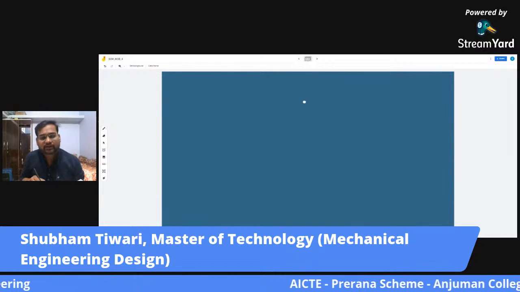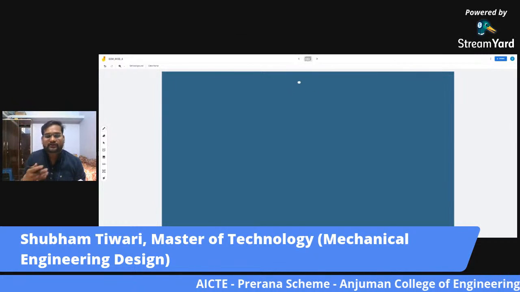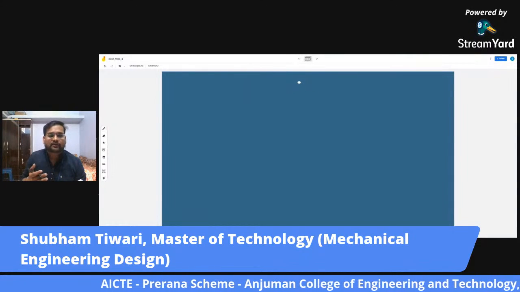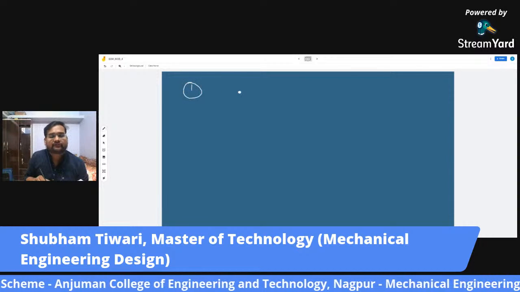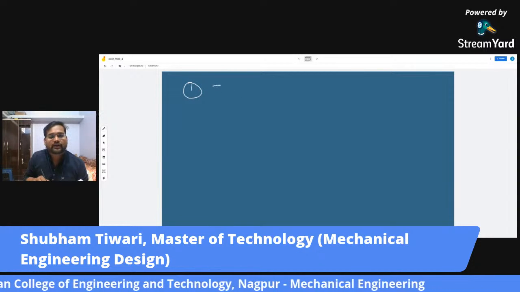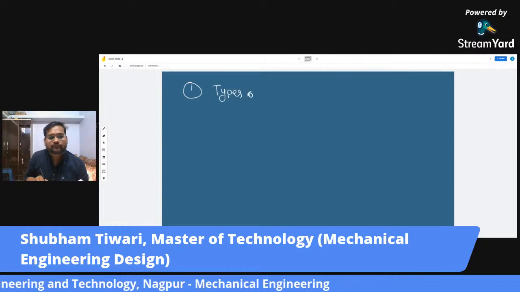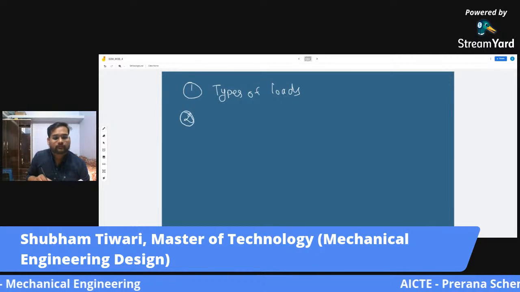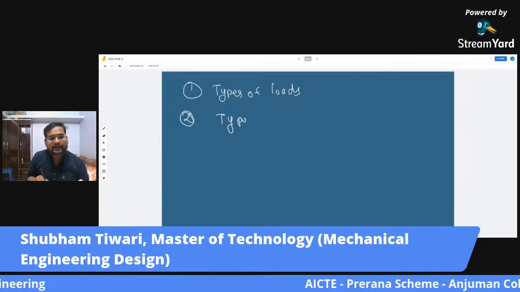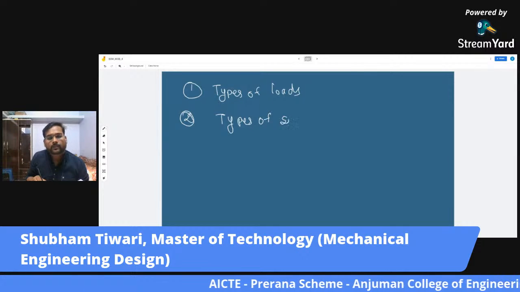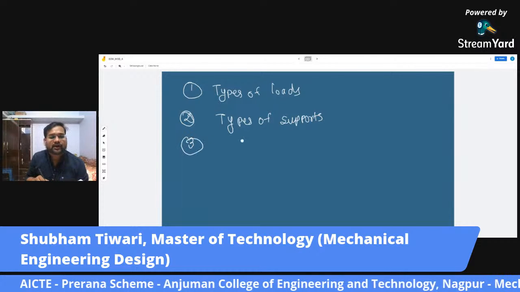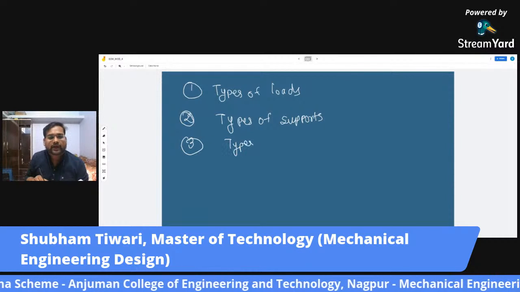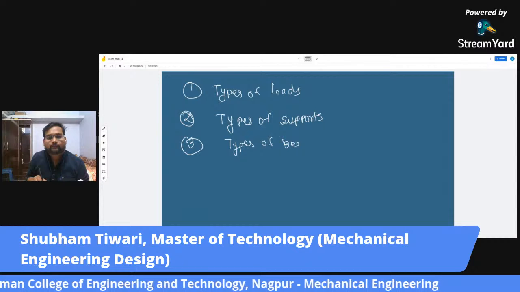Now let me just summarize and reiterate what we studied in this session. The very first thing that we studied was the types of loads. Then we saw types of supports. Then we studied types of beams.